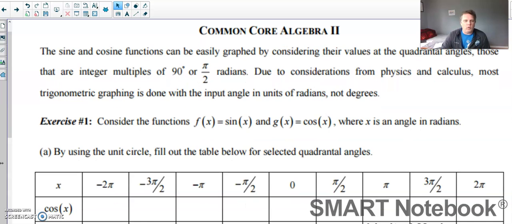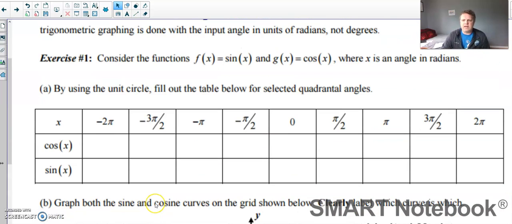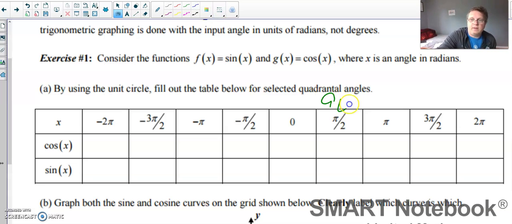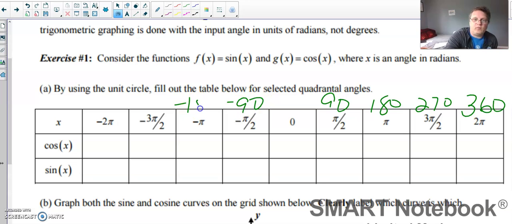So when we look at this table, we can fill these out such that we are looking at 90, 180, 270, and 360, and negative 90, negative 180, negative 270, and negative 360.